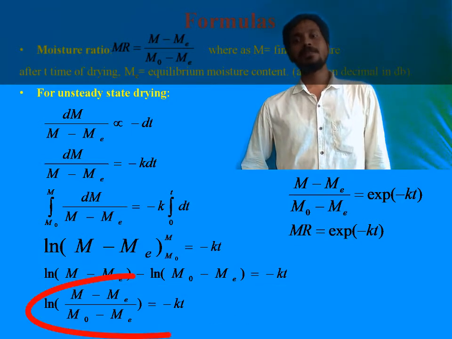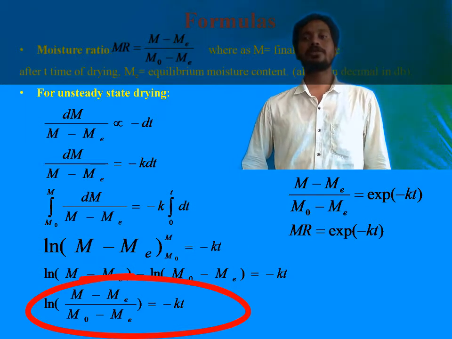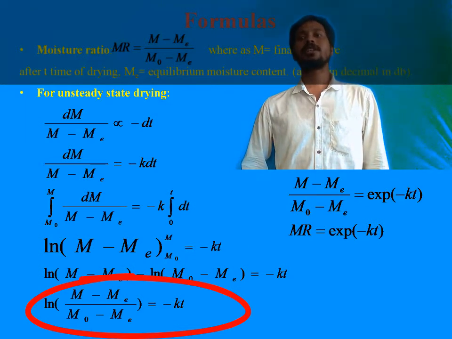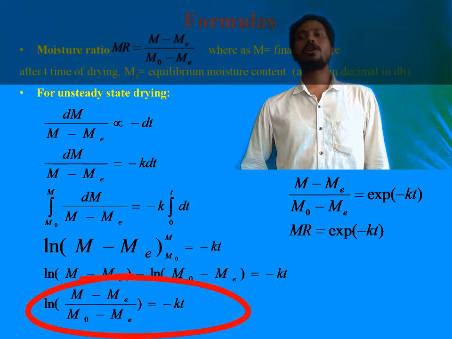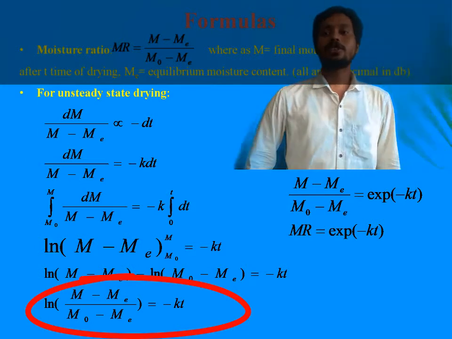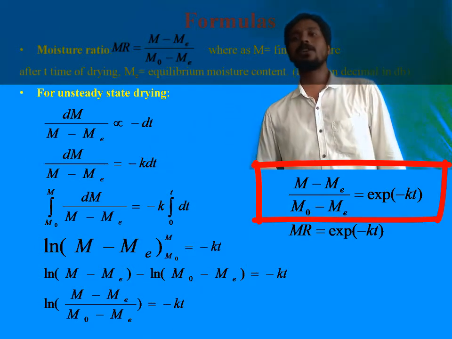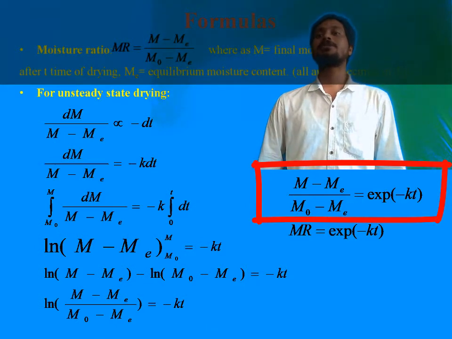Since ln of a minus ln of b is ln of a by b, we can write ln of (m minus me) divided by (m0 minus me) equals minus kt. Then the ln on the left hand side, if we take it to the right hand side, becomes exponential.